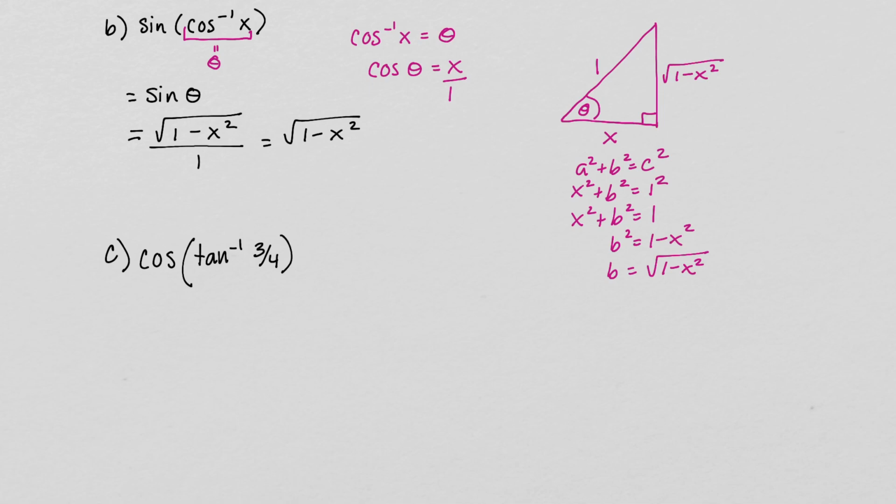So again, I want to think of the stuff inside as being equal to theta. In the end, I'm really looking for the cosine of theta. That middle stuff being equal to theta is really saying that the tangent inverse of 3/4 equals theta, or the tangent of theta equals 3/4.